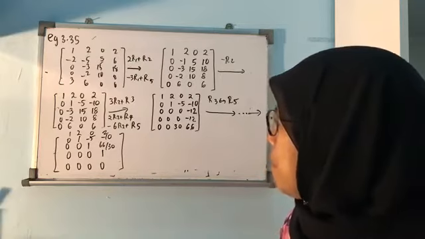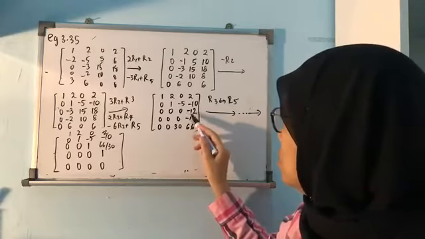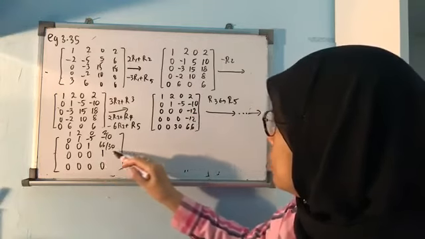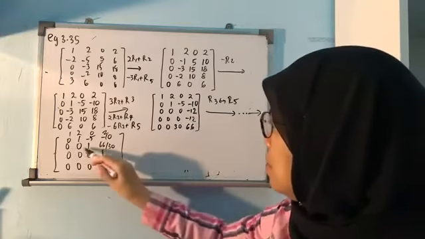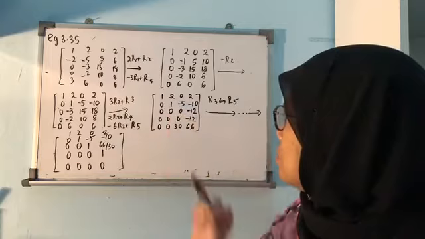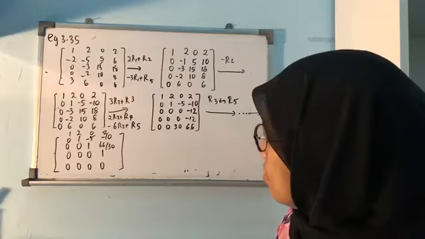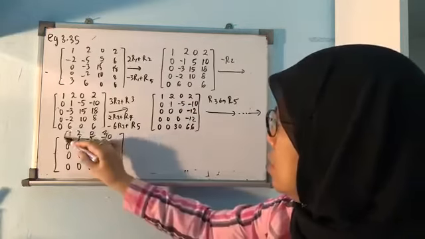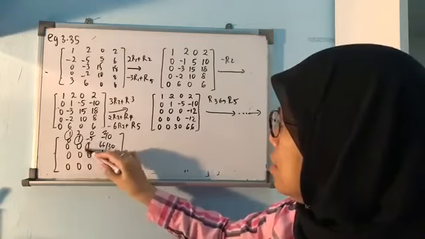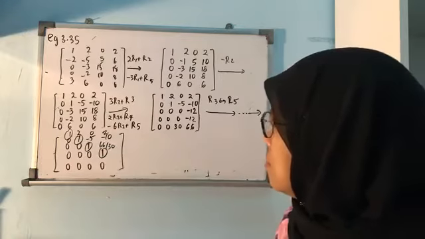Right? So these two, it becomes these two. Okay, this becomes this. Okay, and then these two. So you see 1, 1, 1, 1.